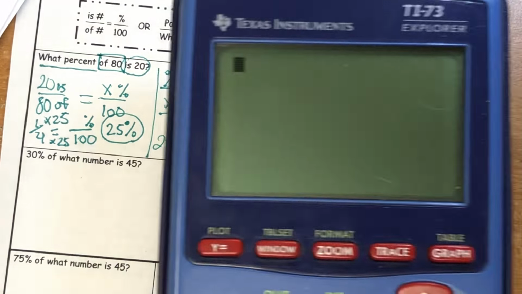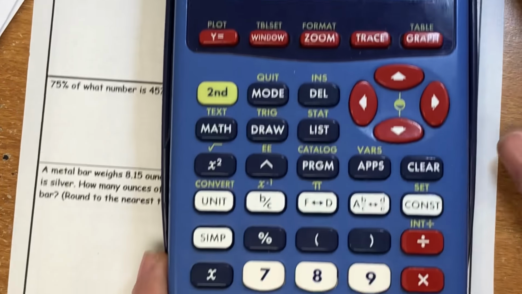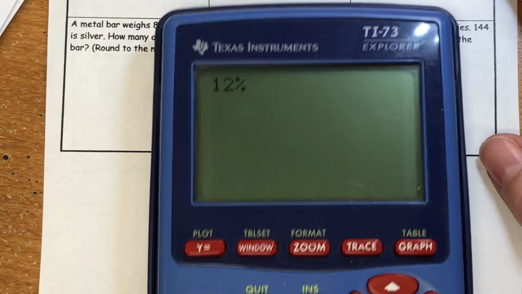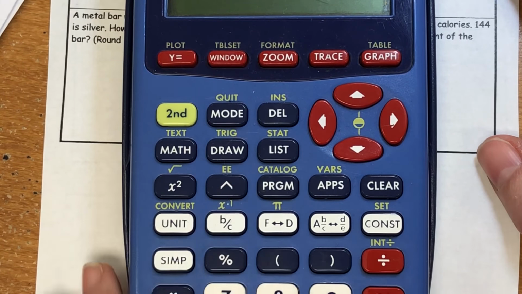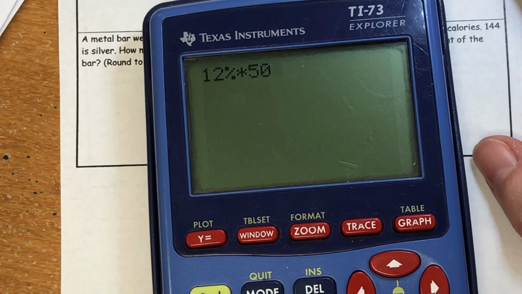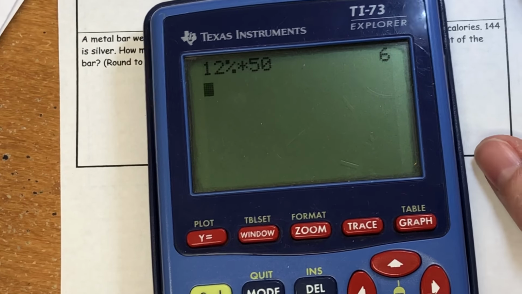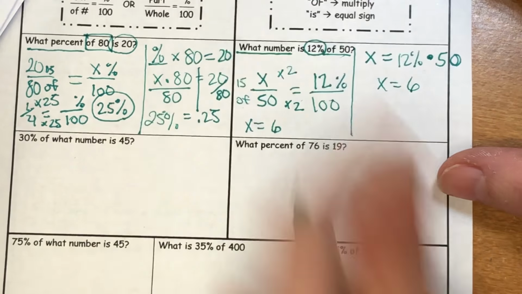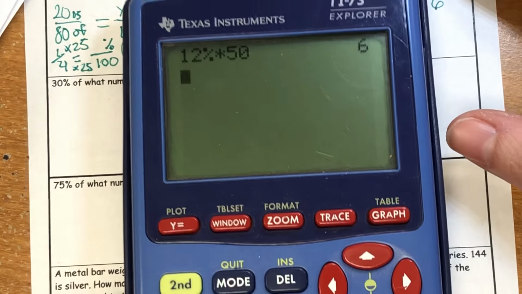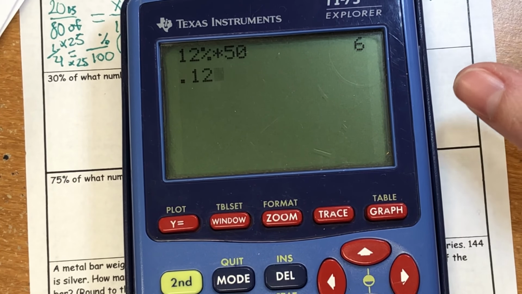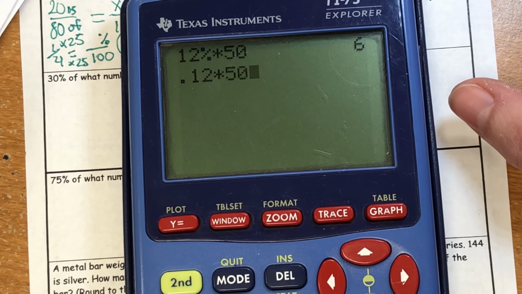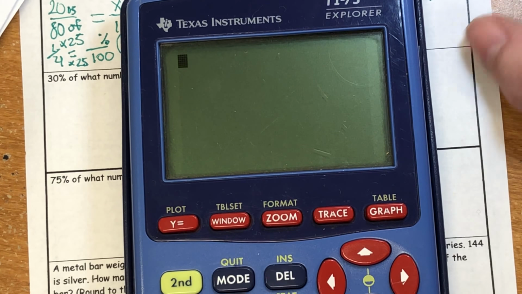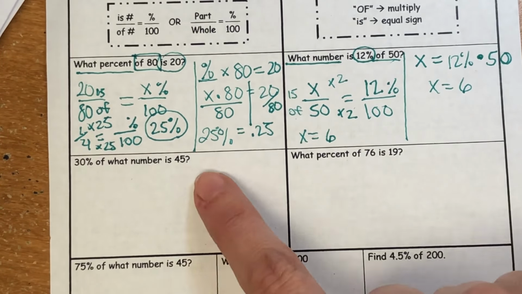In this particular calculator, you can put in 12% with a percent sign, and you can do times 50, and you're going to get 6, okay? So X equals 6. Now remember, that 12% equals 12 hundredths. That's the same thing. Times 50, you're going to get 6, okay, in a decimal. All right, so let's take a look at this one.